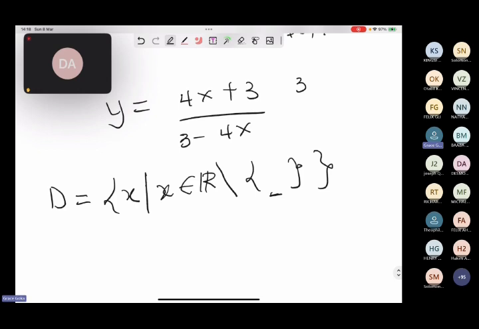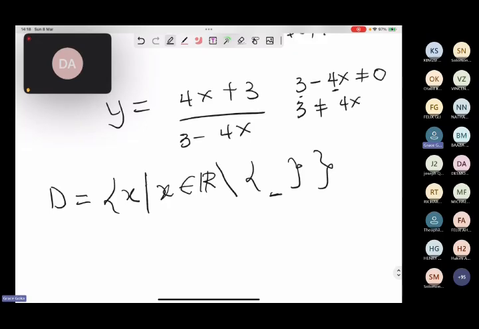So I'll pick my denominator, which is 3 minus 4x. Please, I don't want you to be equal to 0. Then I look for the x. All right, so this is linear. To look for the x, I can either send the 3 to the other side or send the 4x to the other side. If I send the 4x to the other side, then I have 3 must not be equal to 4x.